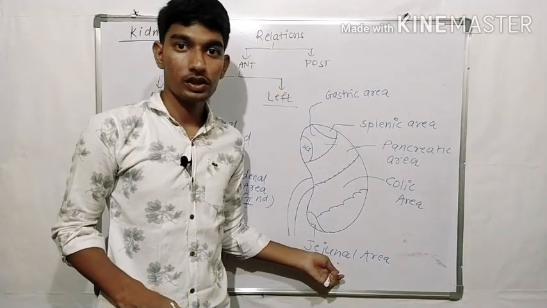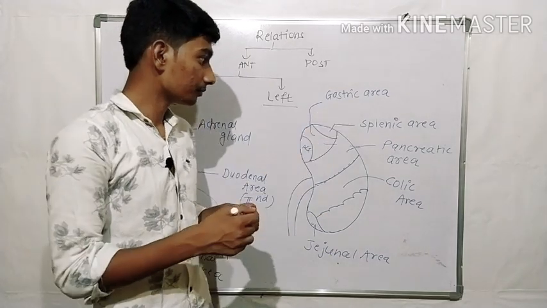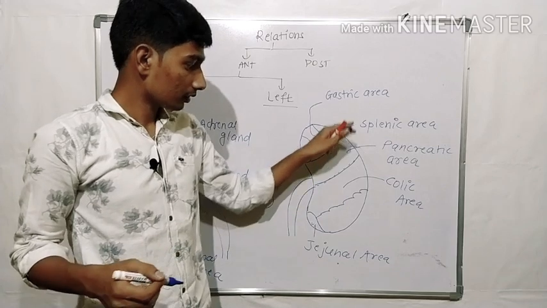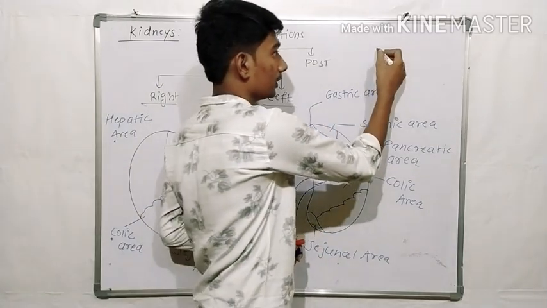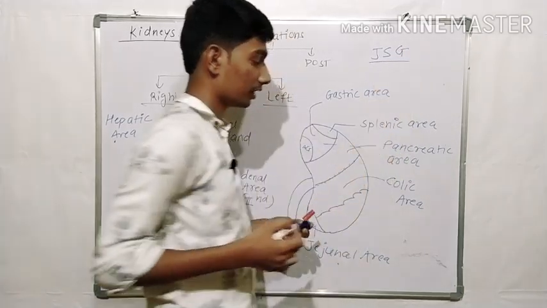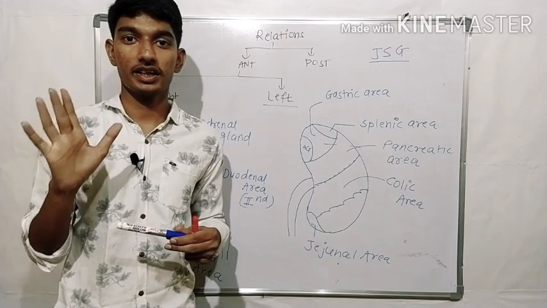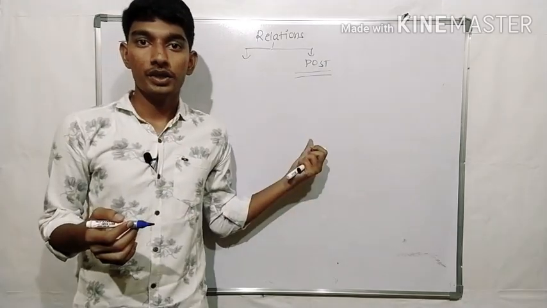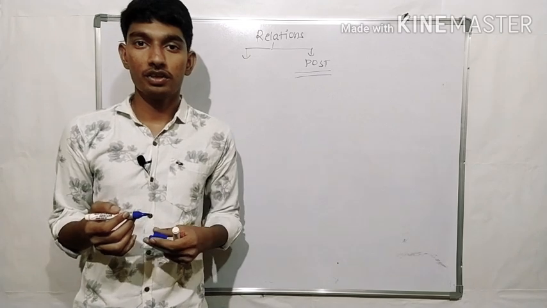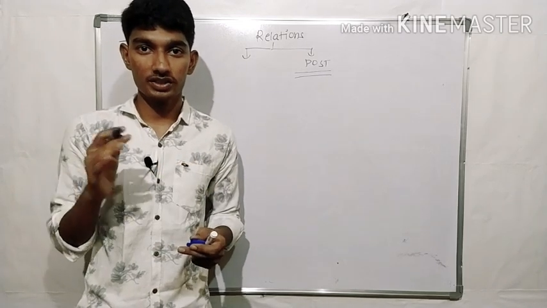Related to coils of jejunum. Okay, out of this only jejunal area, splenic area and gastric area, they are covered by peritoneum. Now we will discuss about the posterior relations of kidneys, and posterior relations of both kidneys are same.